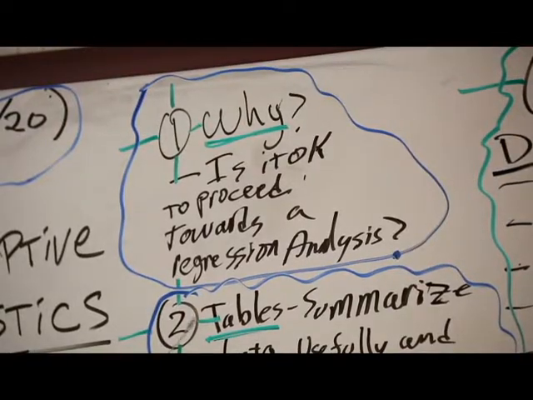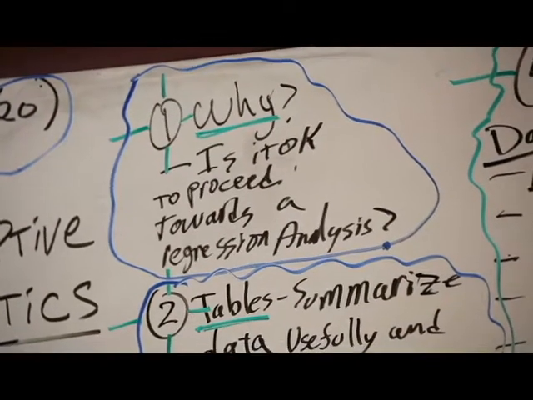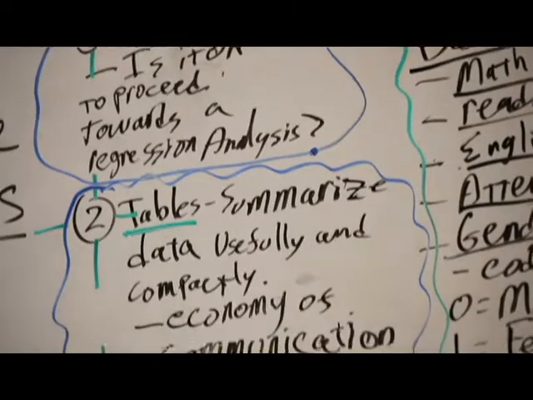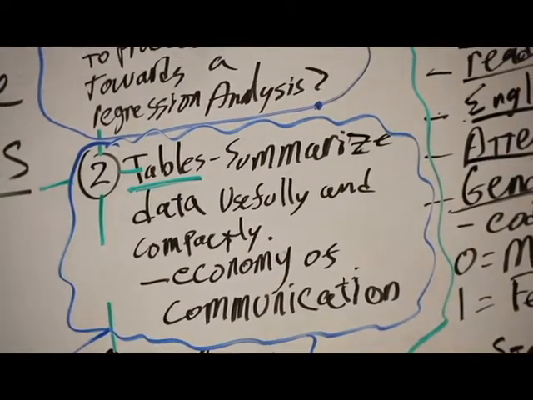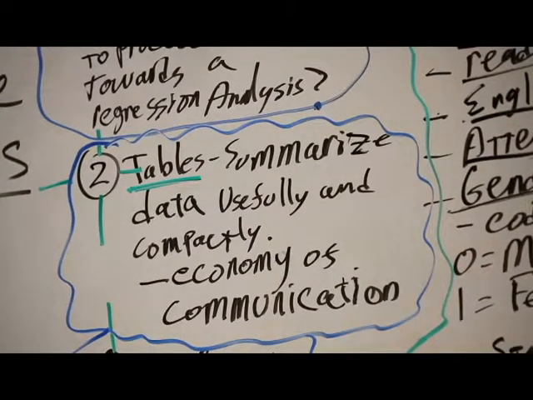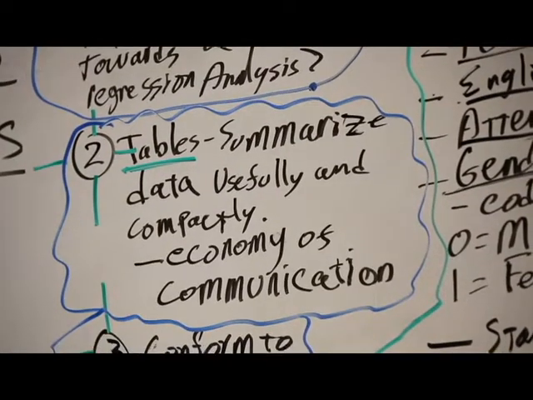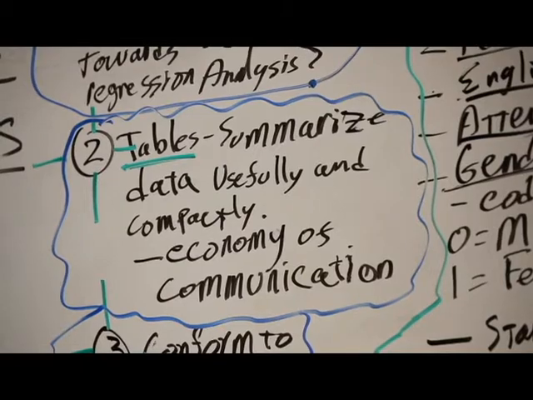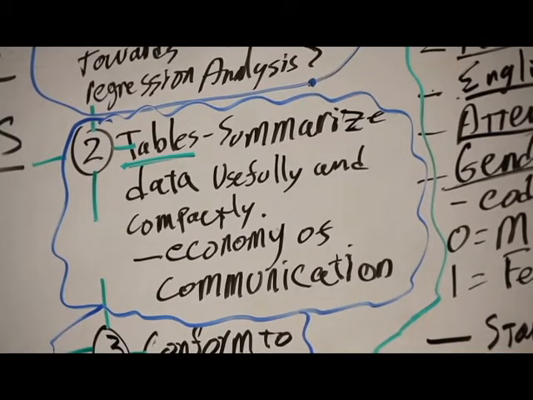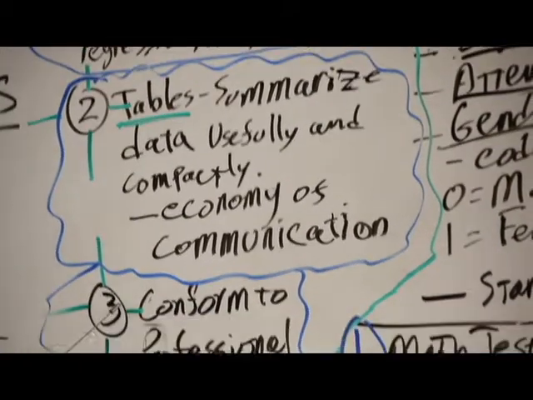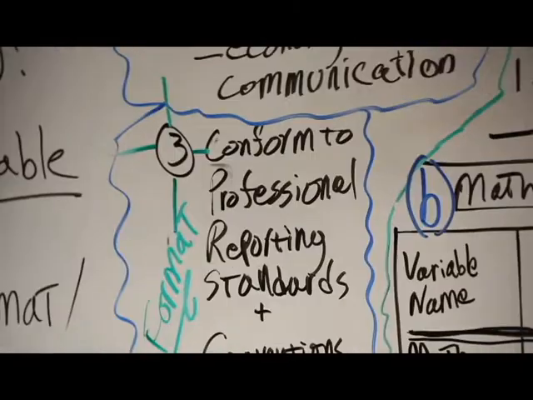So we use tables. Item 2, we use tables to summarize the data usefully and compactly. Okay, tables are easy to read, and there's an economy of communication with this table. It allows you to see at a glance what's going on with every single one of your variables. That's a really great thing. Number 3, format and reporting.